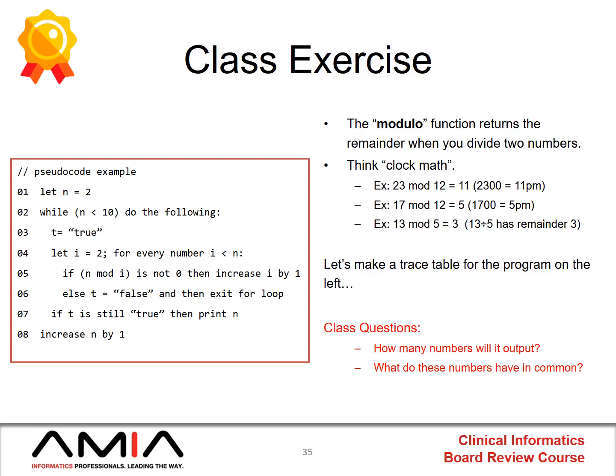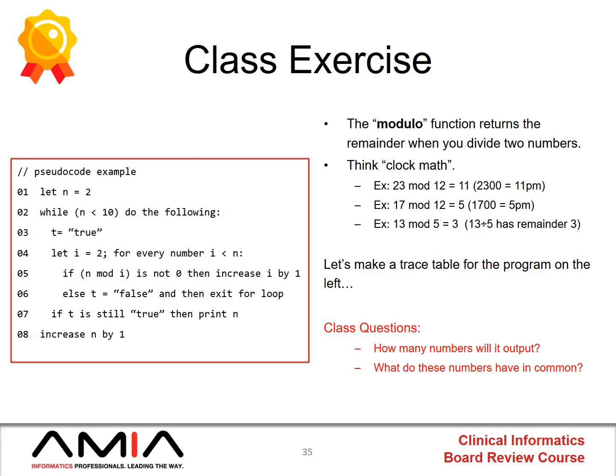So 3 mod 2 equals 1 because 2 goes into 3 once with a remainder of 1. 23 mod 12 equals 11 because 12 goes into 23 not quite twice, it goes into it only once, and then the remainder is 11. 17 mod 12 is equal to 5. 13 mod 5 equals 3, and I've given the examples there.